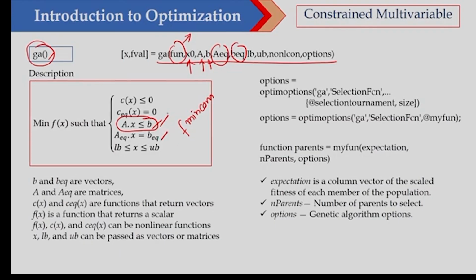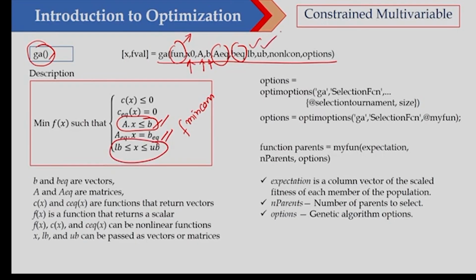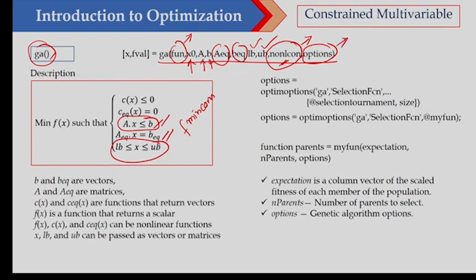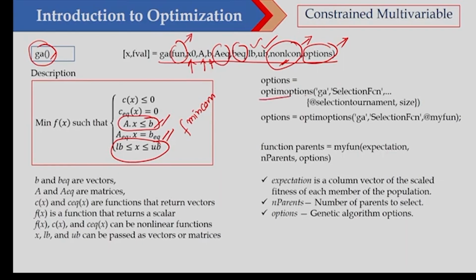I can also define the lower bound and upper bound, and here I can define the nonlinear constraint if there is any. I can also give the option. In option, if you are not giving any, the default options will be taken, otherwise you can define your own option. This is the optim option, so this keyword is the same.